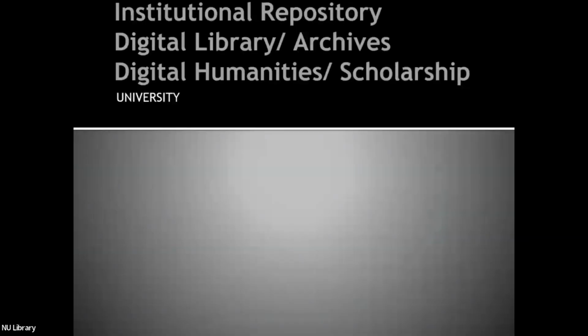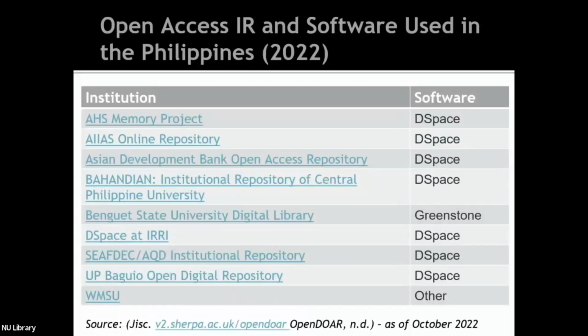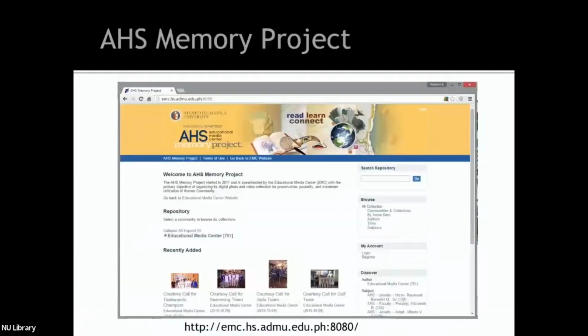Now, these are some of the repositories from the Philippines registered in OpenDOAR, and most are using this space. So here's a screenshot. The Ateneo High School Memory: all programs and activities in school, all their photographs, are archived.